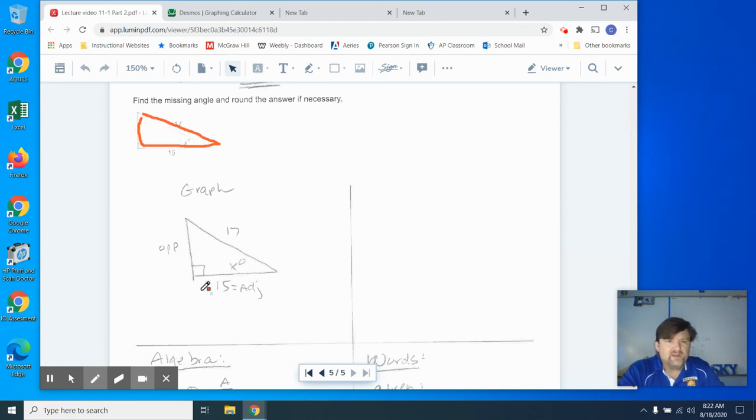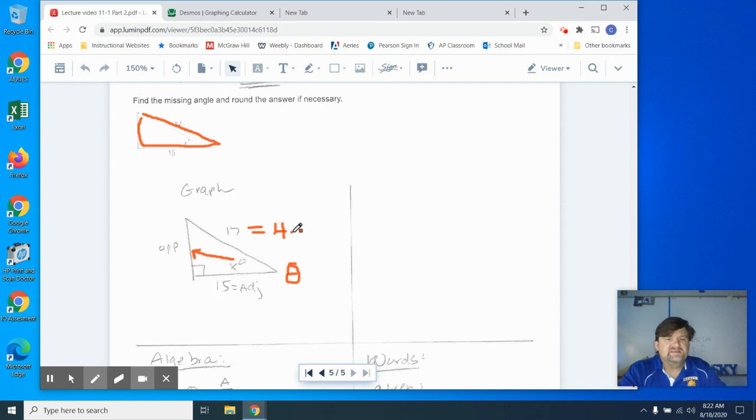So I drew it right here, and I labeled it, because here's my theta. Don't forget, this is my theta right here, because it's the side I'm looking for, or the side I'm using. So then, therefore, that side's the opposite. Next to it will be the adjacent, and across from the 90 will be the hypotenuse.